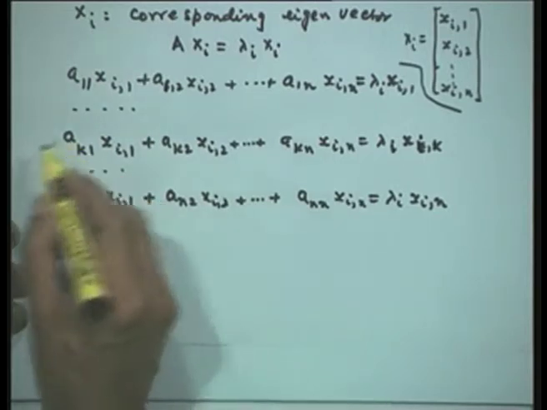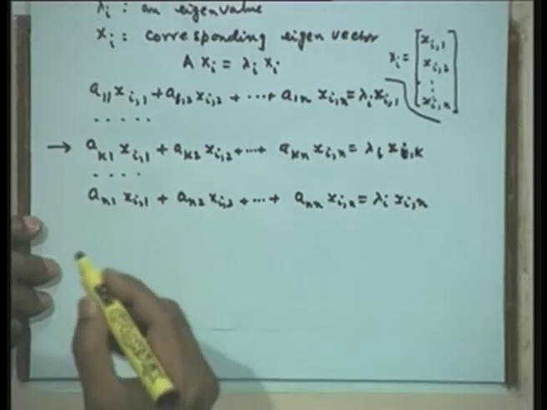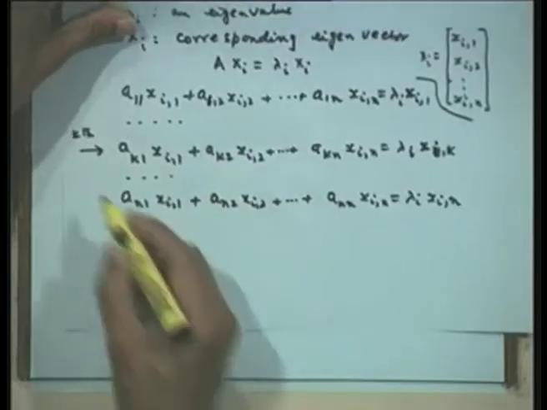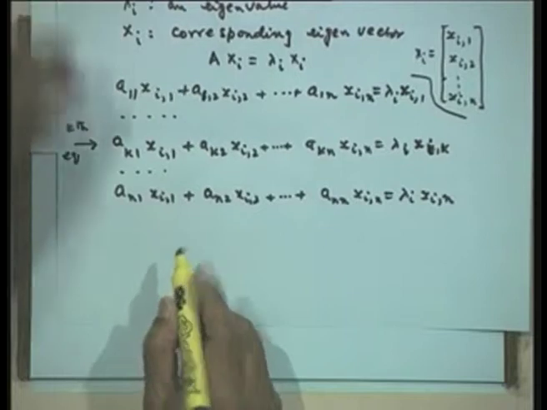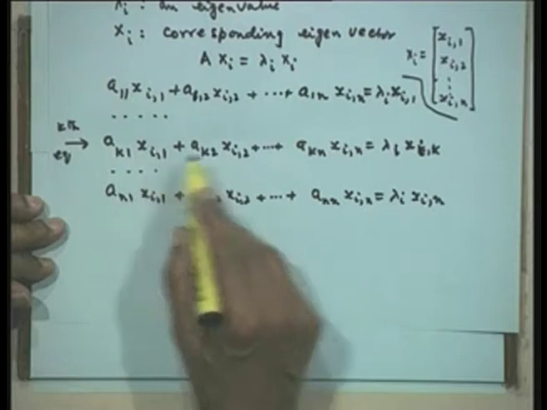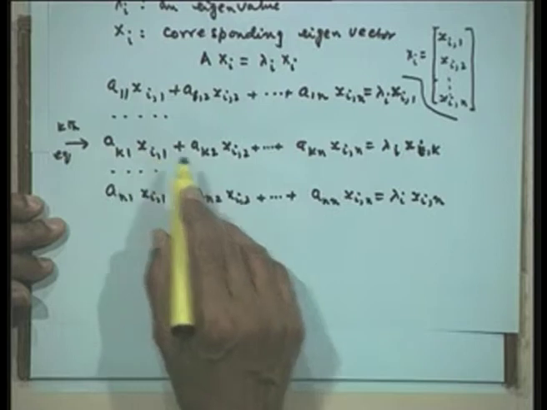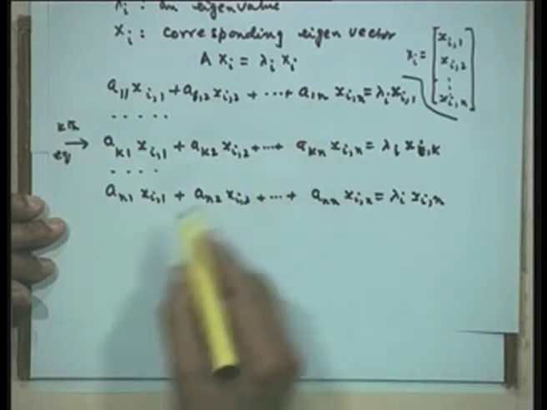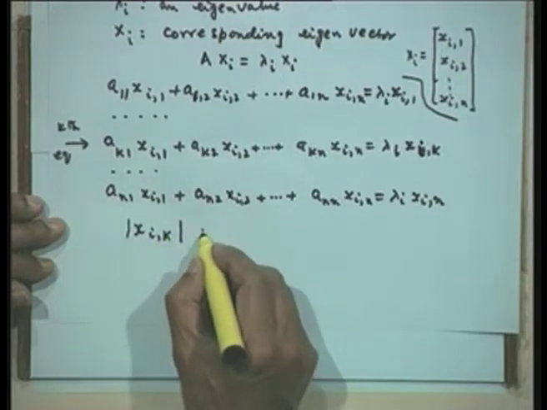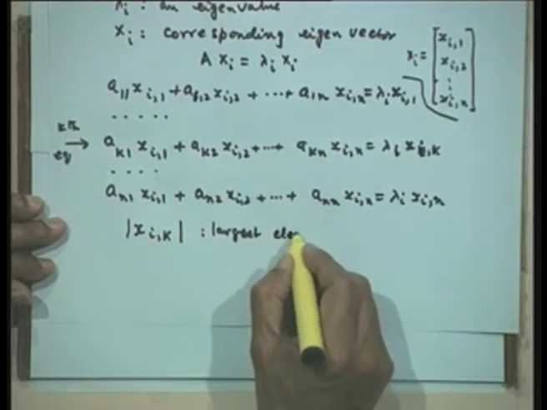Now I will take a particular equation, arbitrarily any equation. Let me pick this as the kth equation. What I do here is, of all the components xi1, xi2, xi3, ..., xin, I pick the largest component in magnitude.